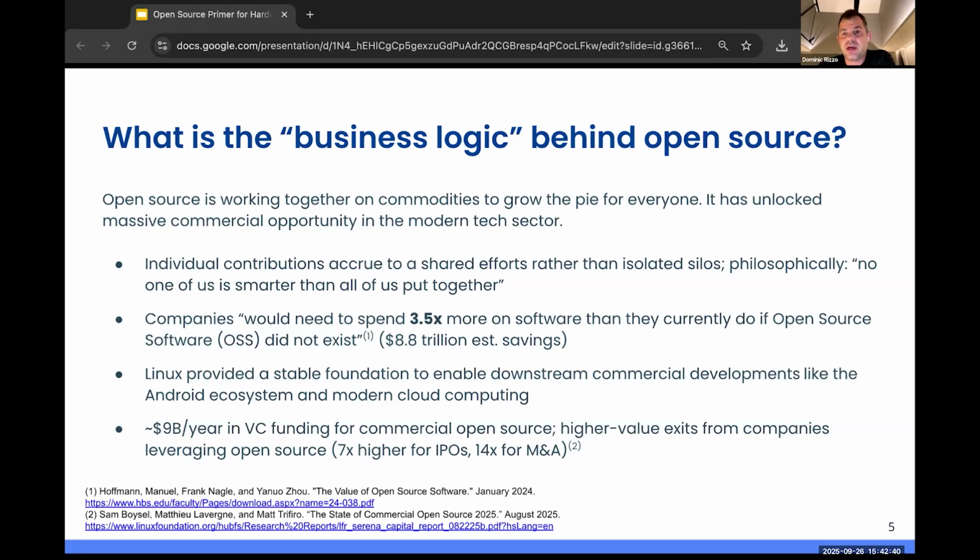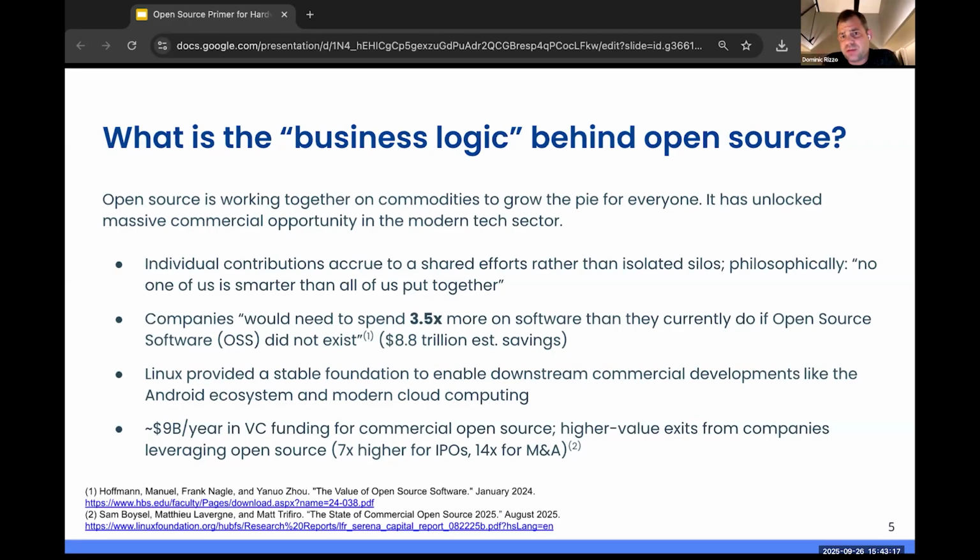Frank Nagle and his collaborators' work has shown that there's something like $9 trillion in value, and 3.5 times more would have to be spent on software today if we did not have open source as a development ethos that we could build more valuable ecosystems on top of. A good example of this is the Linux kernel providing a really stable foundation for enabling downstream commercial development like Android and the vast majority of the modern cloud computing ecosystem.